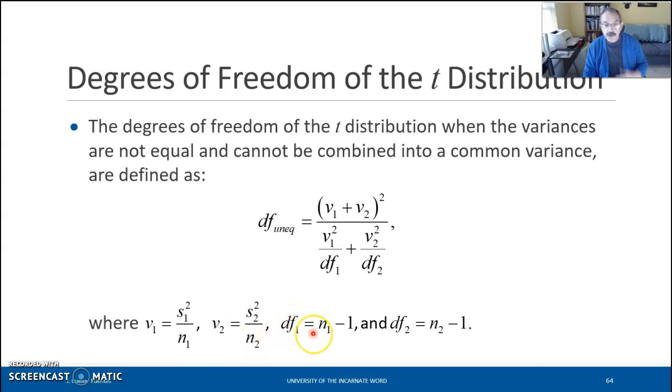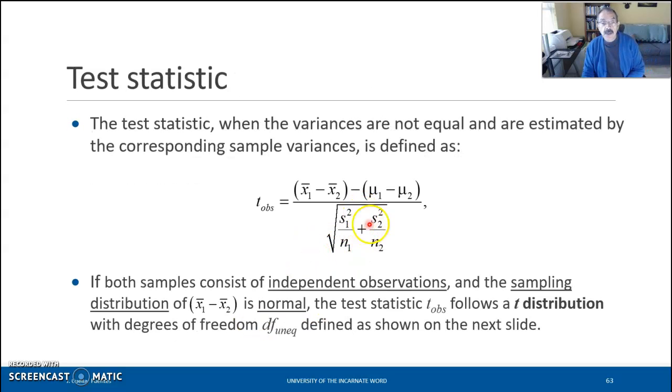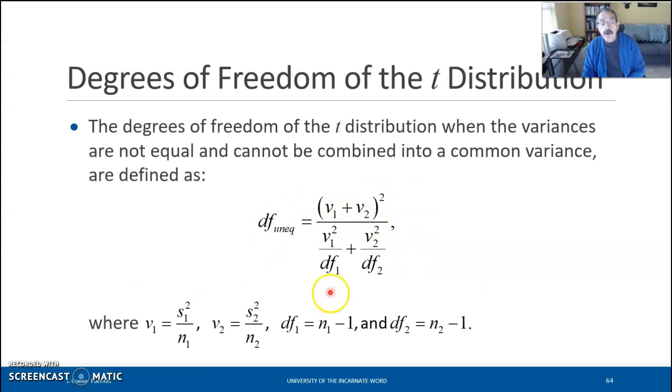And the degrees of freedom are defined as before: N1 minus 1 for degrees of freedom 1, and for degrees of freedom 2 it is N2 minus 1. So now here are the two changes in this methodology: the denominator of the t-statistic, and then how we calculate the degrees of freedom for the t-distribution that we're going to use to test the hypothesis and construct a confidence interval.